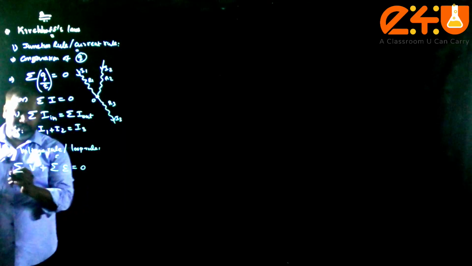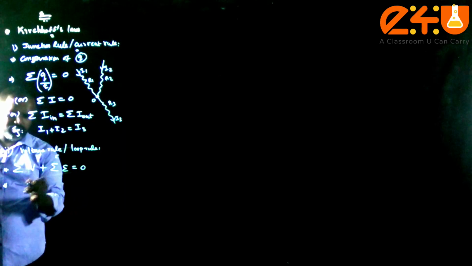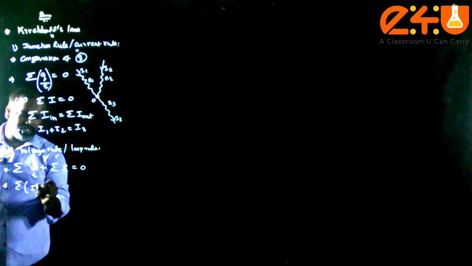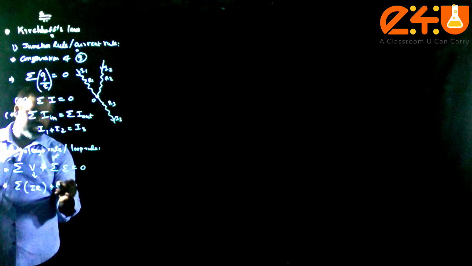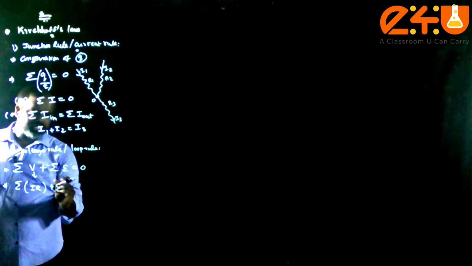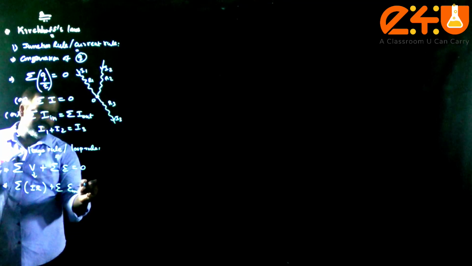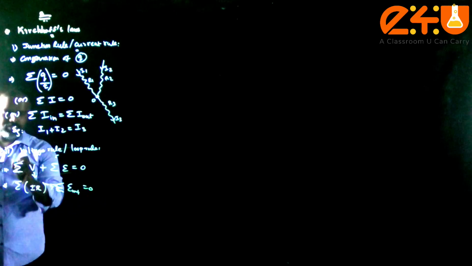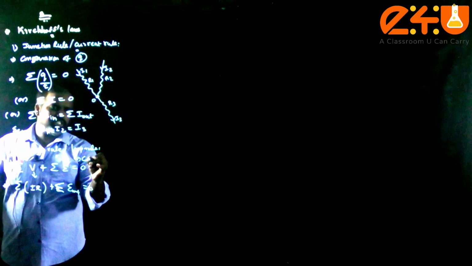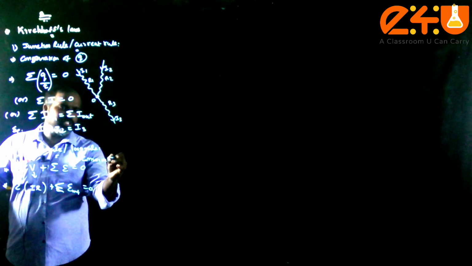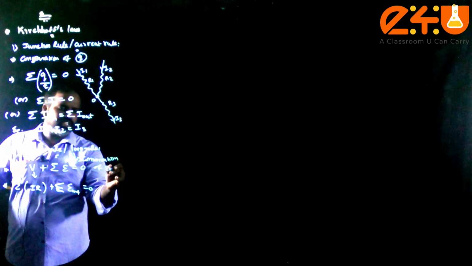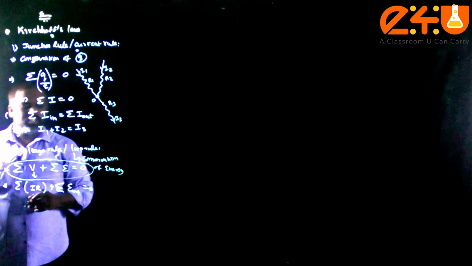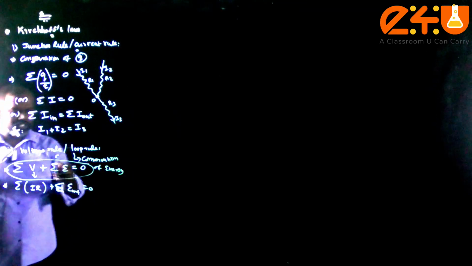The same can be written as: the sum of V, which is nothing but IR in each branch of the circuit, equals the algebraic sum of the EMFs of the batteries. This law is based on conservation of energy. These are the two important things we must know.